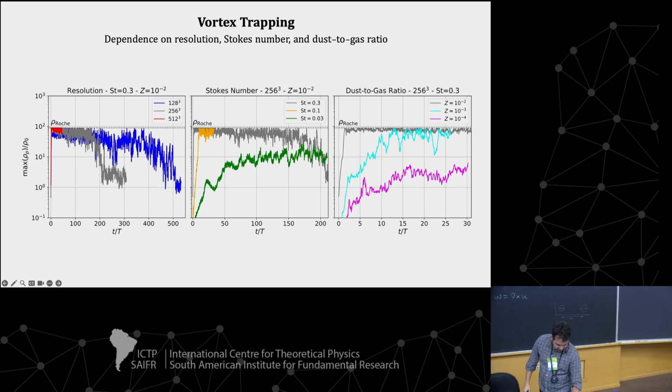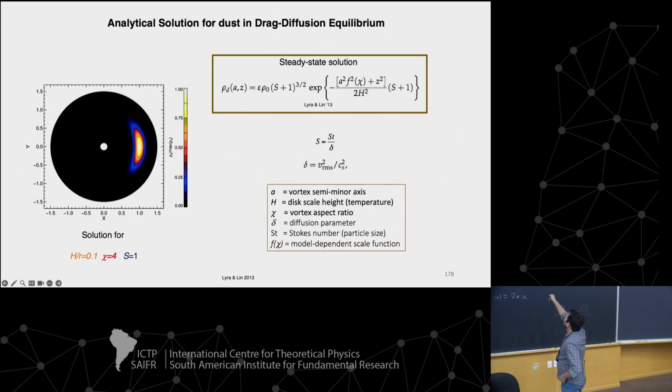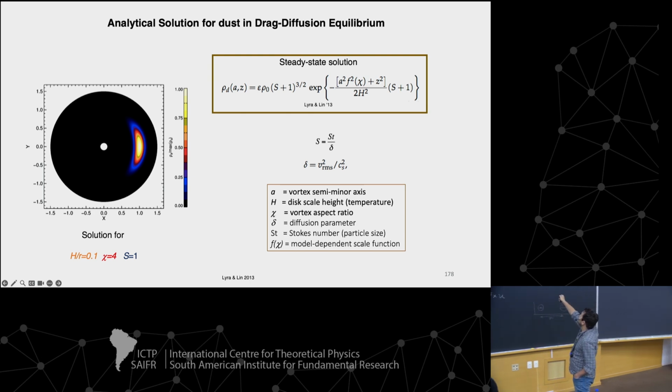Because we can measure here from that analytical solution that I showed you what the maximum dust density will be, right? This is an exponential. The maximum that this exponential can get, because there is a minus sign, is 1, right? This is normalized. So this one will give you the maximum density.